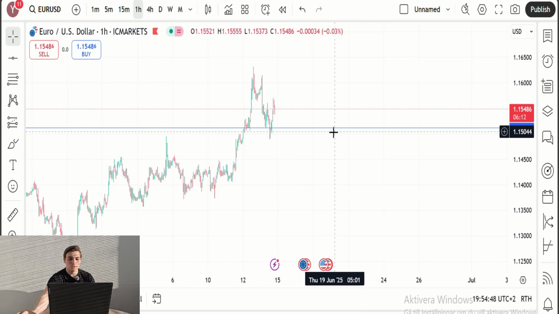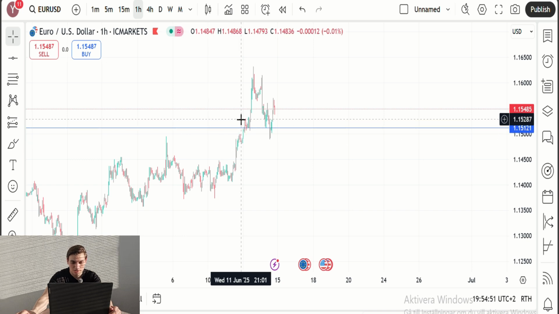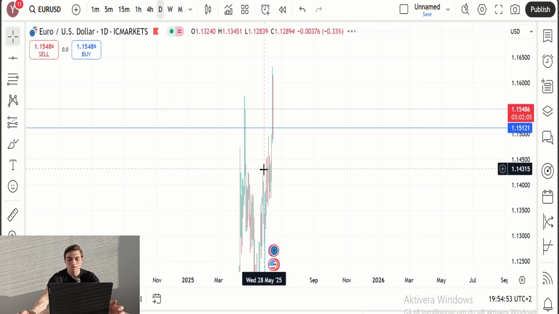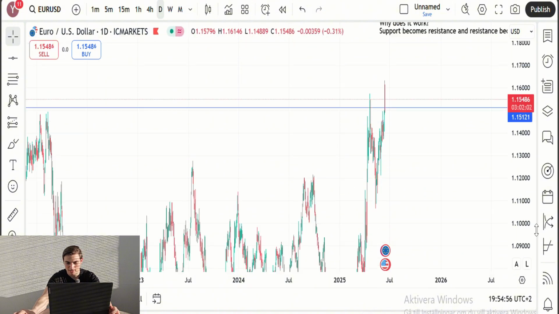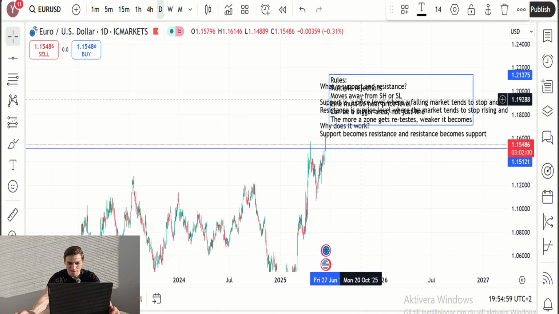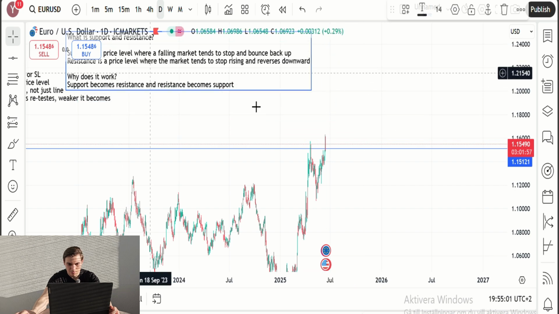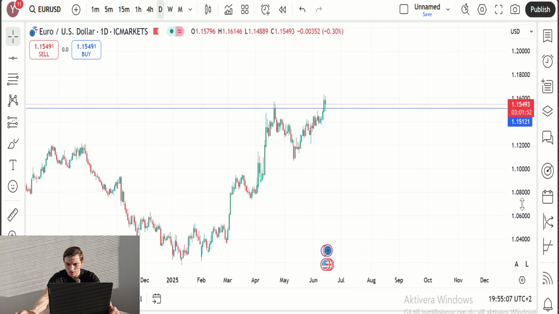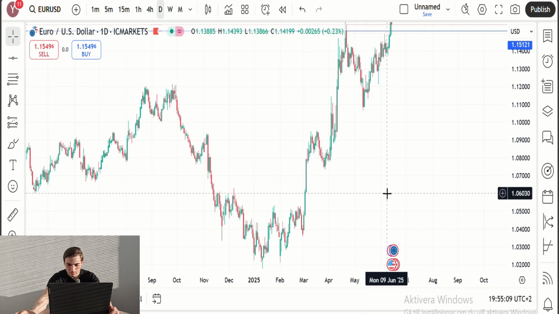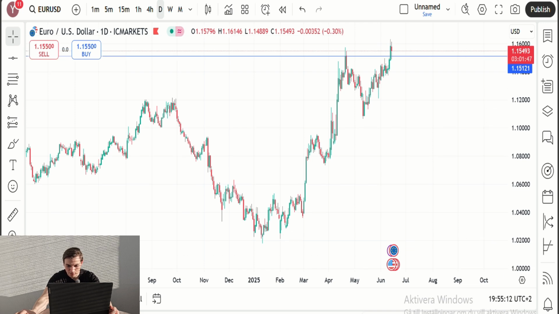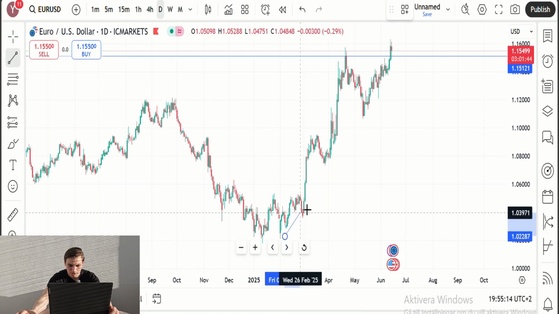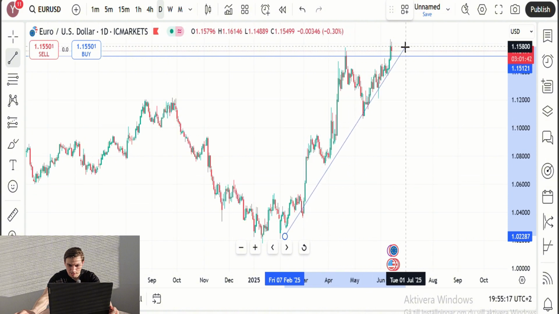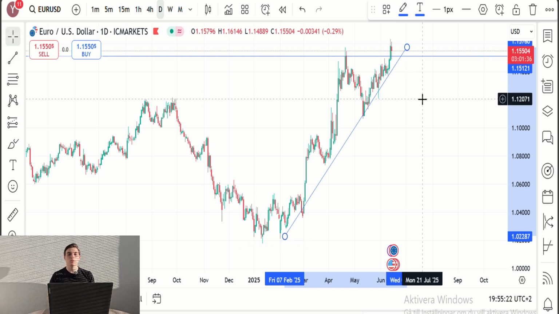Support and resistance is not always horizontal lines, of course, because there is also support and resistance on trends. Let me move this text away. On trends, okay? For example, if you look at the daily chart and we see this, if I draw a trend line from here till here, this will be the support of a trend line.